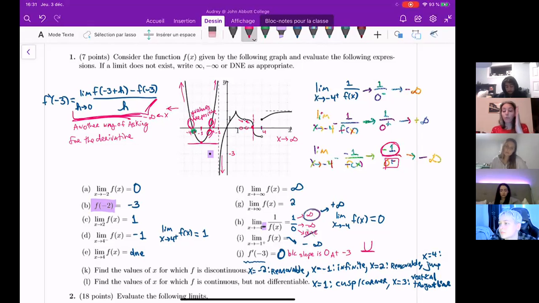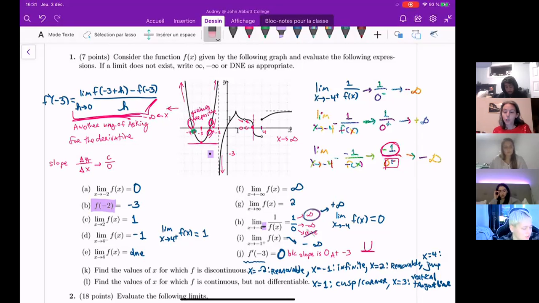We say that the slope of a vertical line either doesn't exist or is infinite, because slope is change in y over change in x. But if my tangent line is vertical, there is no change in x. So that change in x would be 0, and then I would have a constant on top. And so that stops me from being able to find the derivative there, because I have division by 0 in the slope. Does that make sense?